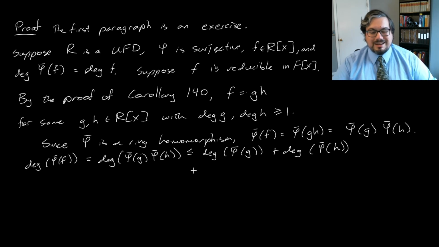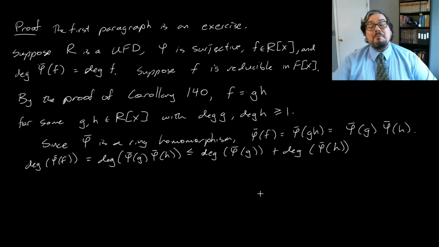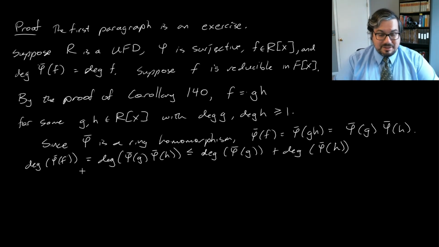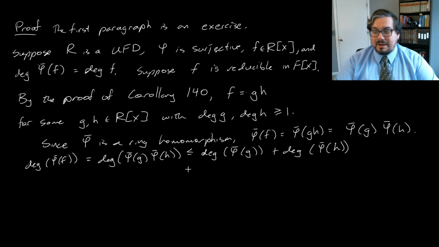The degree of a product is less than or equal to the sum of the degrees of the originals. Remember that we haven't assumed anything about S at all except that it's a commutative ring. It might not be a domain, it might not be a unique factorization domain. We know nothing, so all we can say is that the degree of a product is less than or equal to the sum of the degrees of the factors.